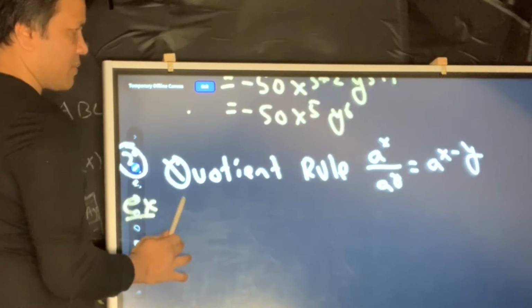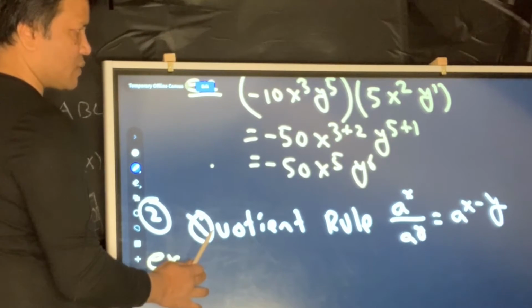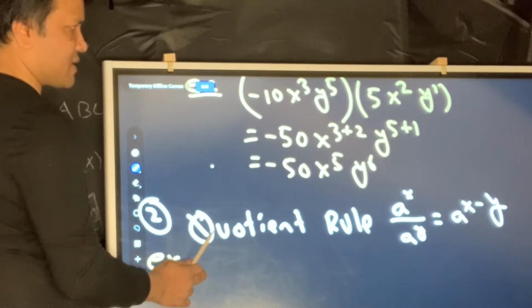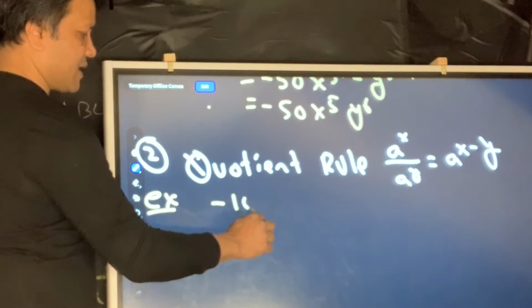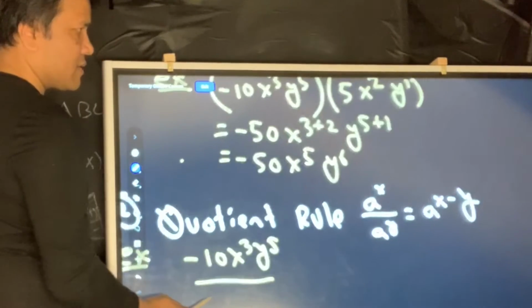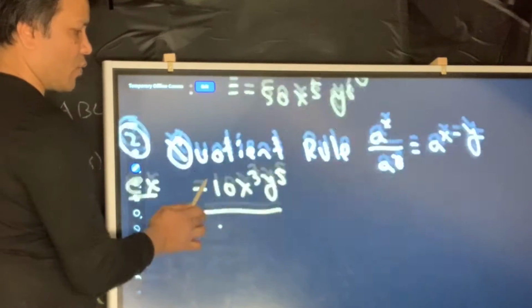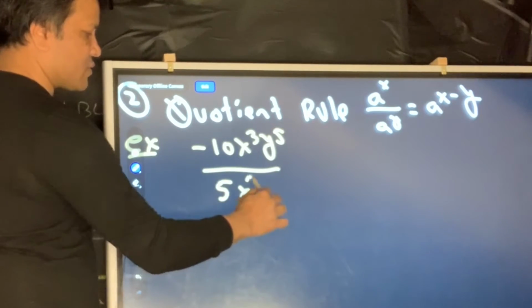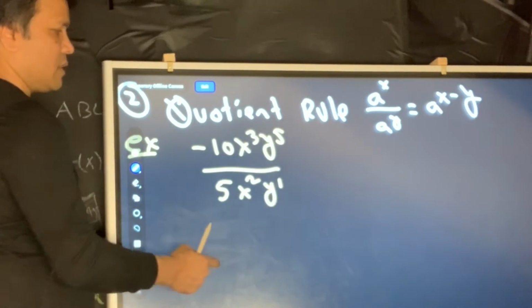I'm going to use the same example. Negative 10 x^3 y^5 over 5 x^2 y^1.